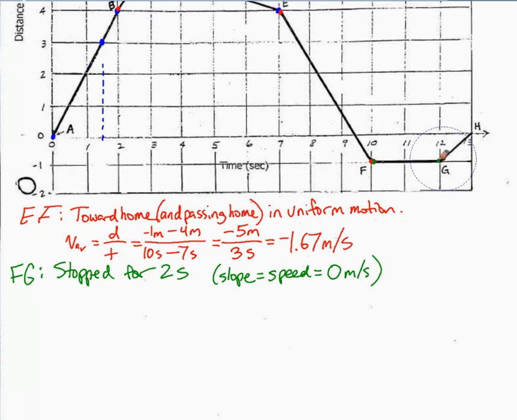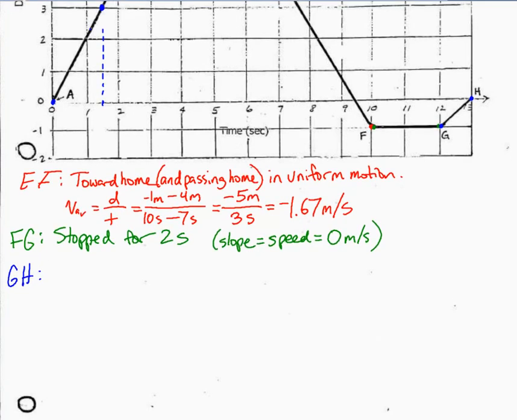Last one, looking at section from G to H. From G to H, what's going on here? There's a straight line, uniform motion, constant speed. We are going from -1 meter away from home to 0 meters.